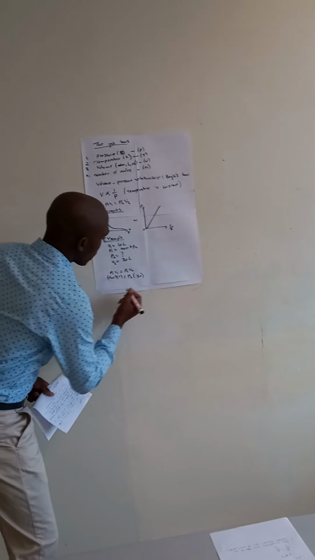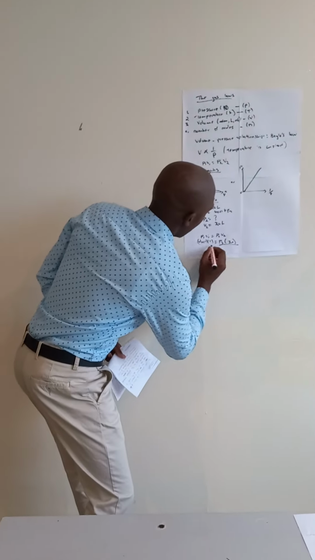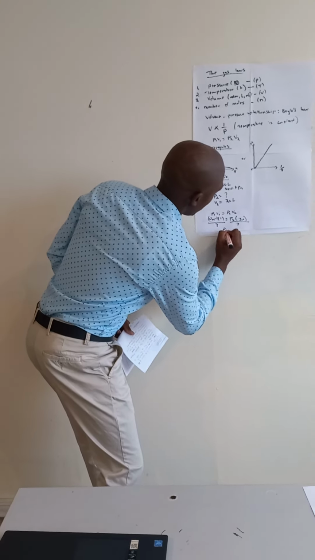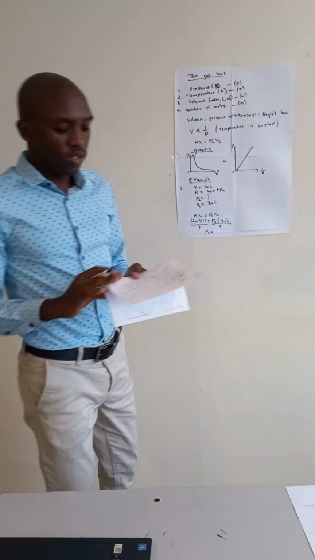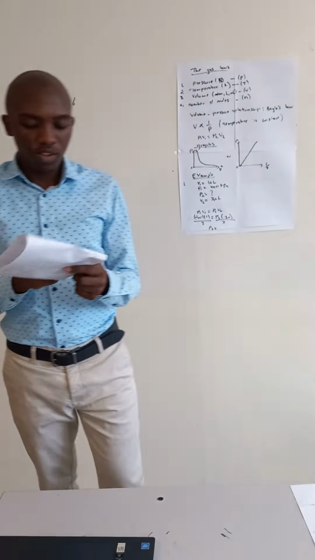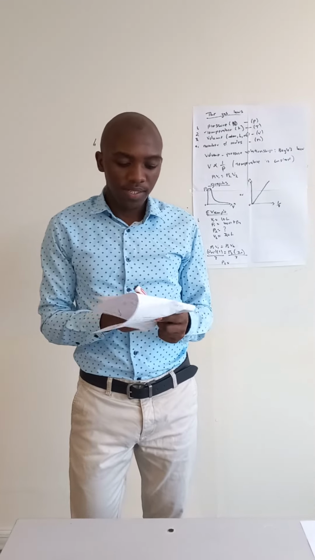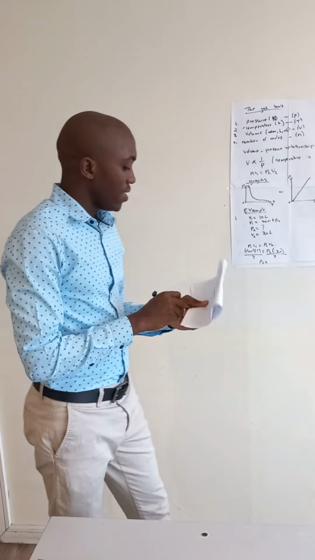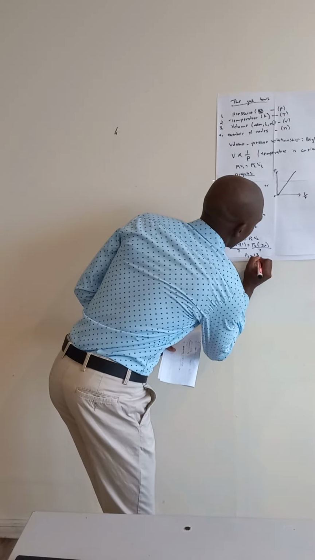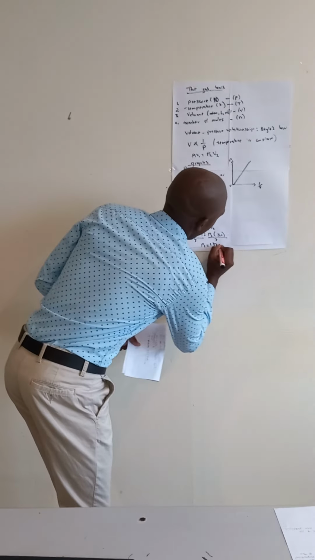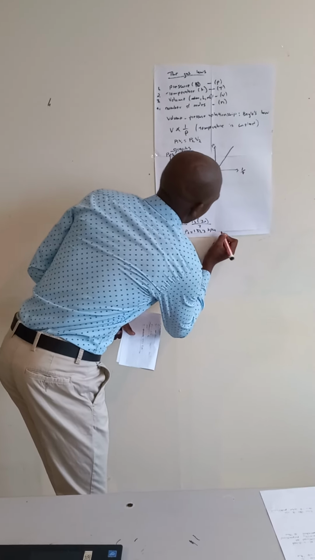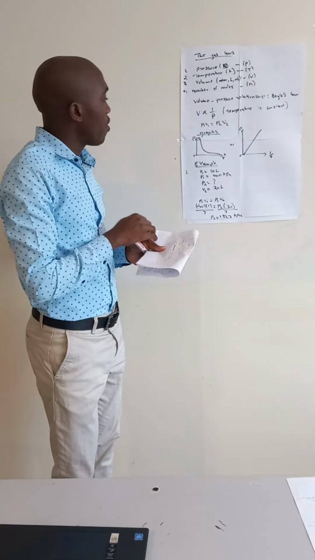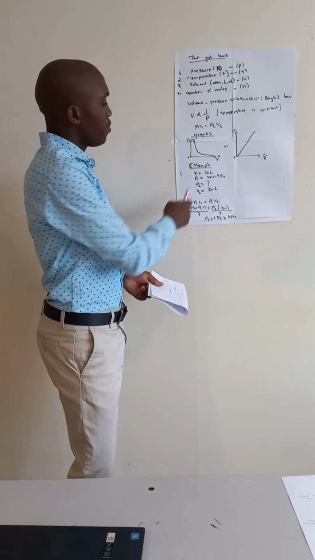So you will divide by 3 on both sides, and then punch in your calculators. What is the answer that you are obtaining? So yes, our answer is 133.3 kilopascal. And that is how you use this equation from Boyle's law to solve problems.